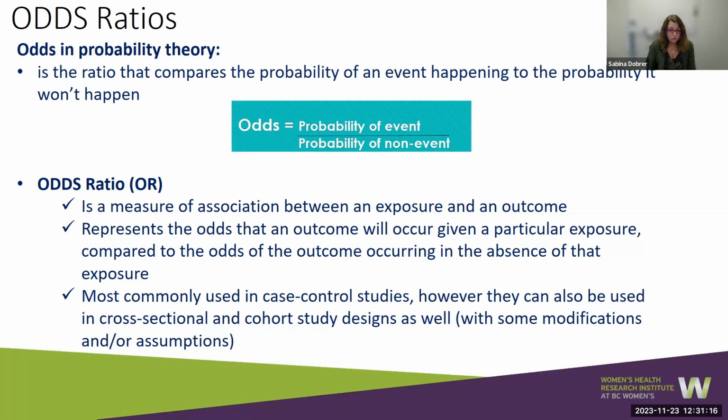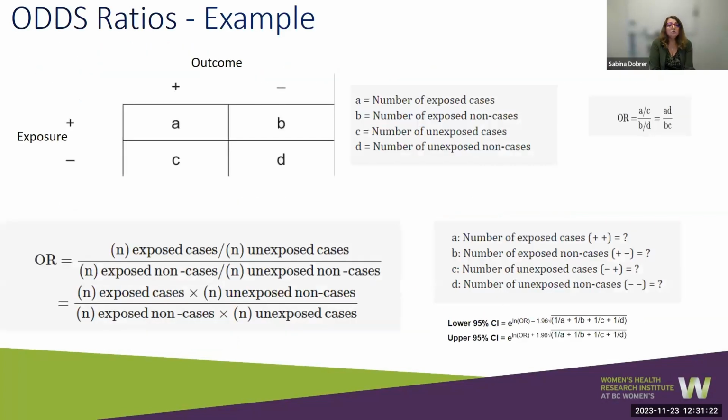But if you calculate simple odds ratios, an odds ratio is always an odds ratio. So I'm giving an example here of how to calculate an odds ratio. If you don't have your computer and you don't know what model to use, you can calculate it very simply.